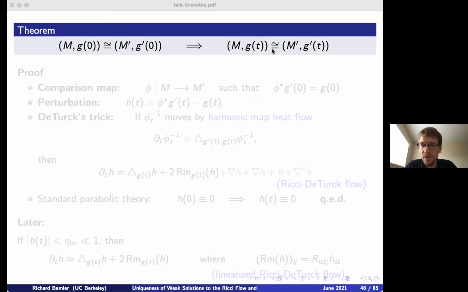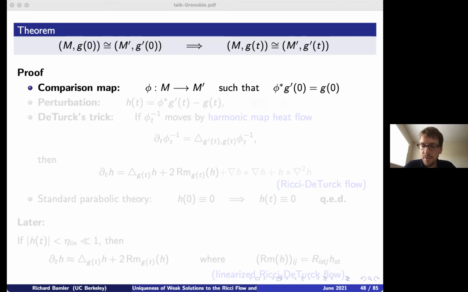Okay? So how do we show this? This is the standard proof. I'm just writing this maybe in a slightly different language. Okay? So first of all, I'm going to choose an isometry between the two initial time slices. And I'll call this a comparison map, right? It's just an isometry between M at time 0 and M prime at time 0.